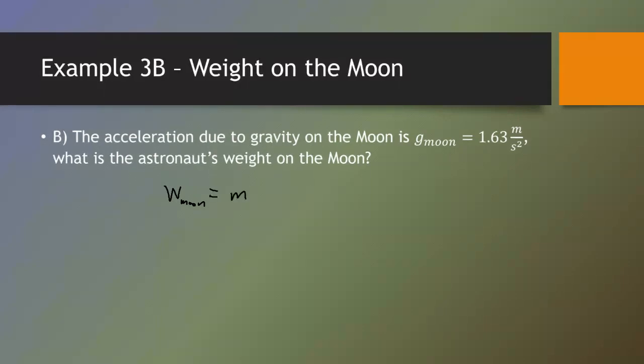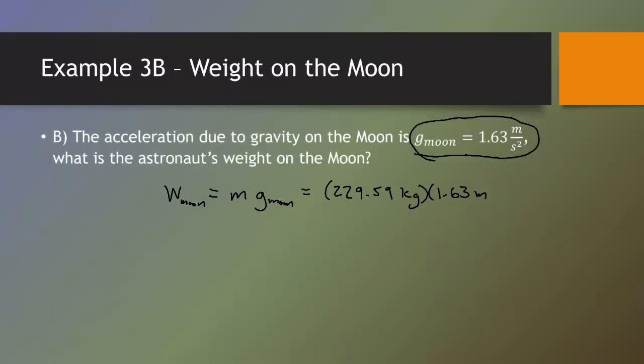It's going to be the mass times g, but we're still talking about the moon here. The mass of the astronaut was 229.59 kilograms. The acceleration due to gravity on the moon, which is about 1/6 the size of Earth, is 1.63 meters per second squared.